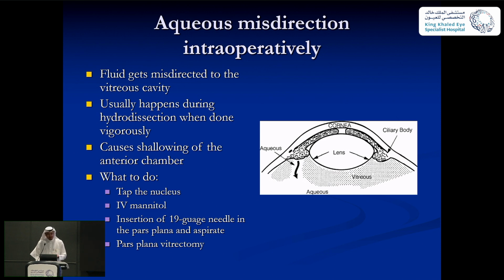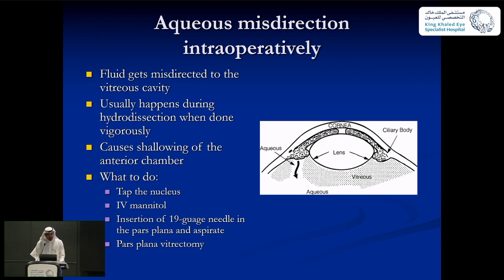Anteriorly, the iris lens diaphragm becomes very shallow, and even if you try to form the eye with viscoelastic, you will notice that the viscoelastic will come back to you and the chamber is still shallow.